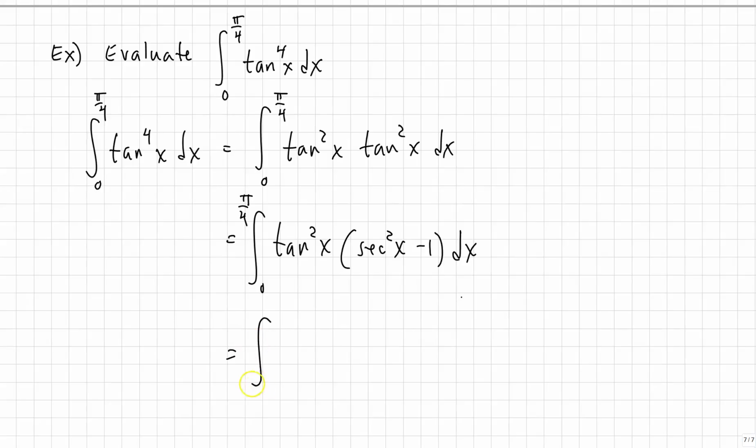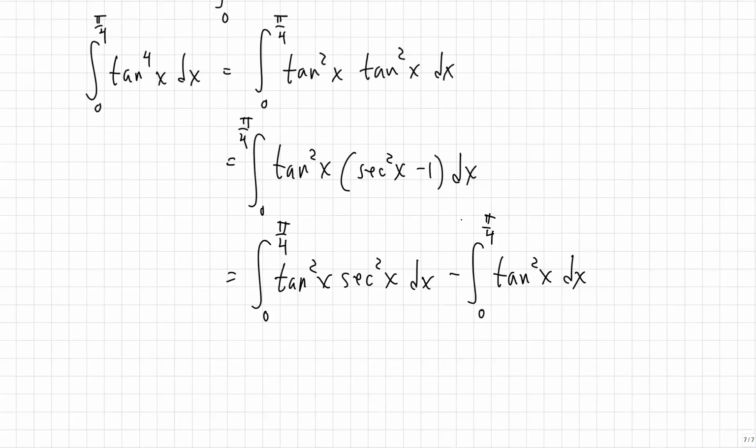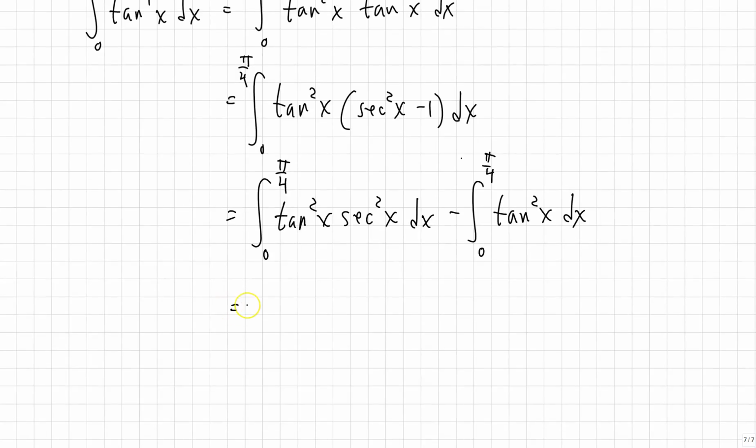And then distribute and separate. So we have a tangent squared secant squared. So there's our du. So if u is tangent, then du will be secant squared.